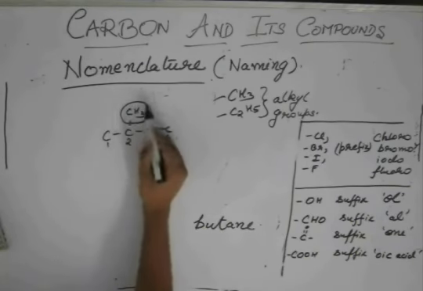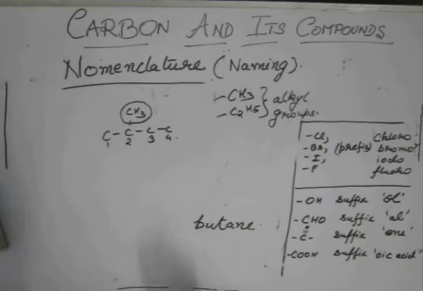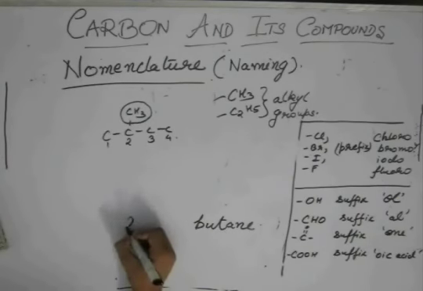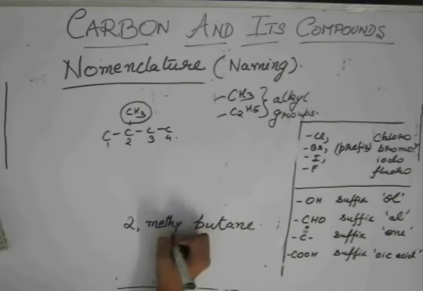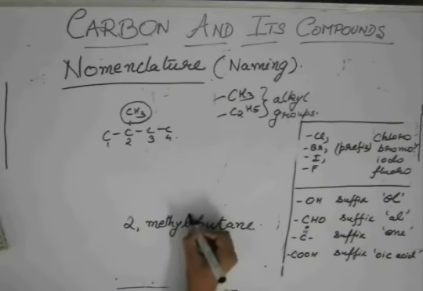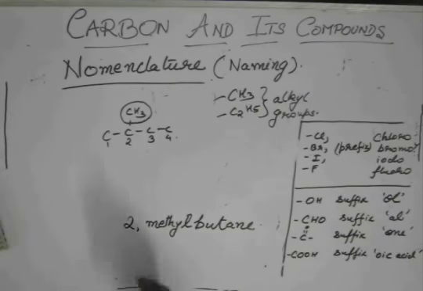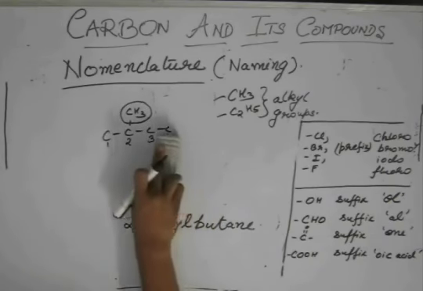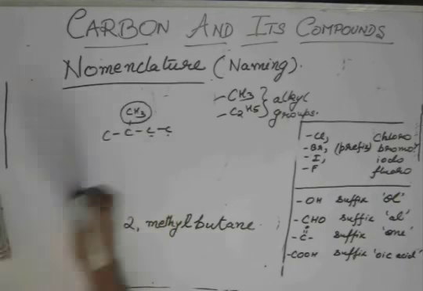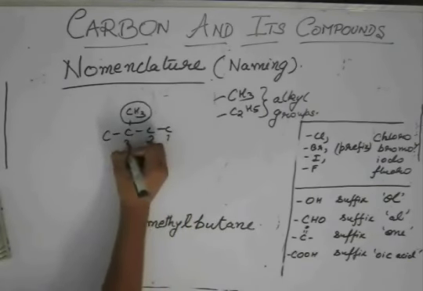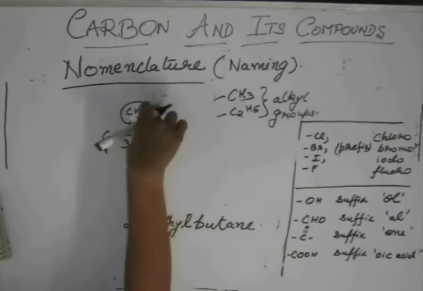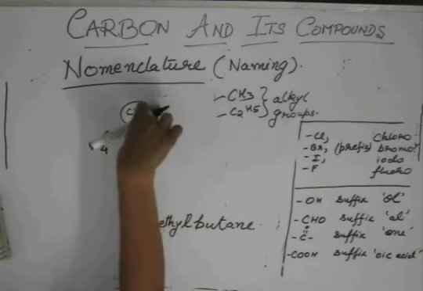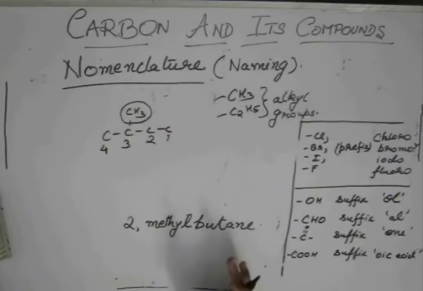So this CH3 group or methyl group is on carbon number 2, so we should name it 2-methyl butane. You could have made this carbon number 1. Then this group would be sitting on carbon number 3 in this case, so it would have been 3-methyl butane.